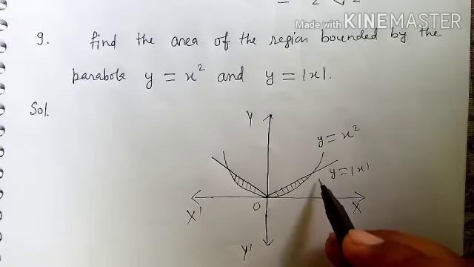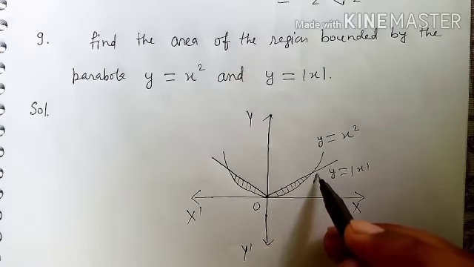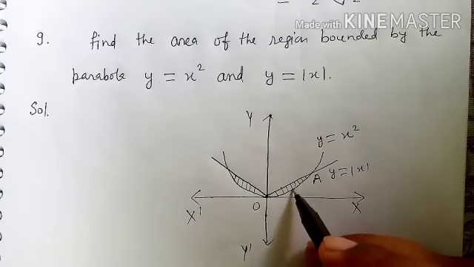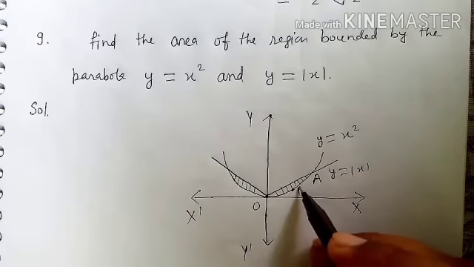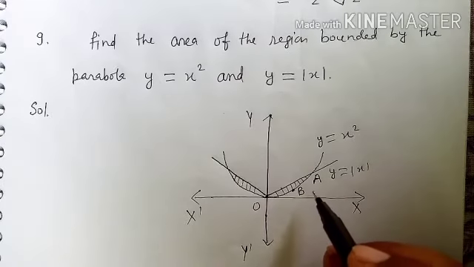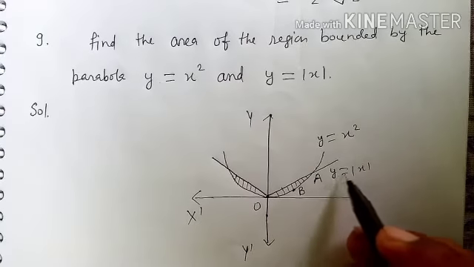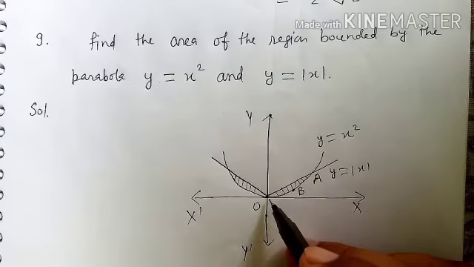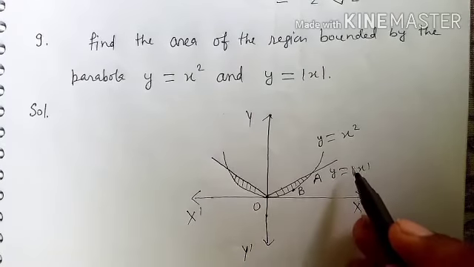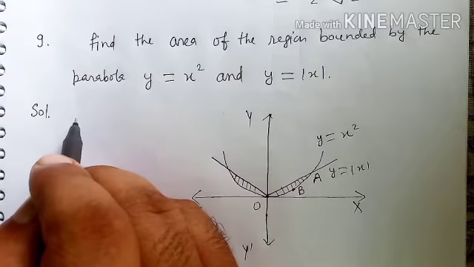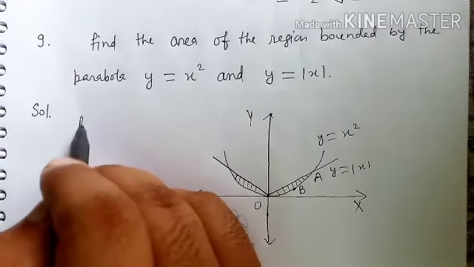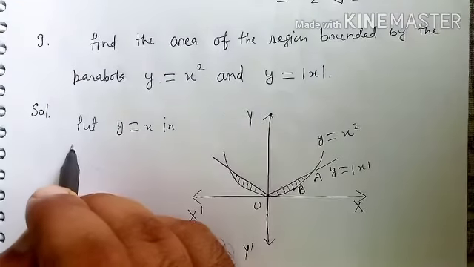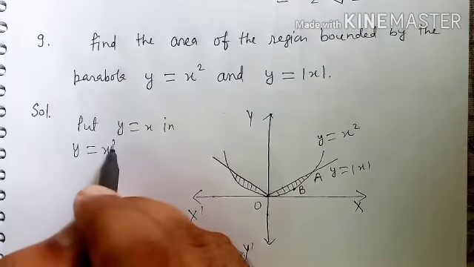So we have to find the point of intersection A. For writing region, we should put B here. Now the point of intersection. This is y is equal to x. On first quadrant, mod x is positive. So we put y is equal to x in y is equal to x square.